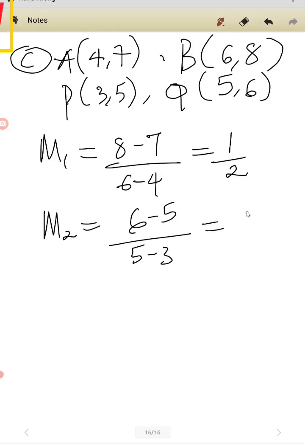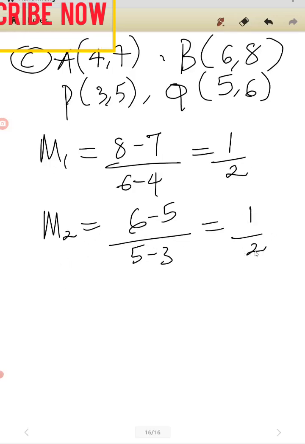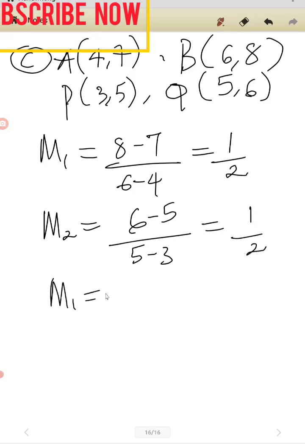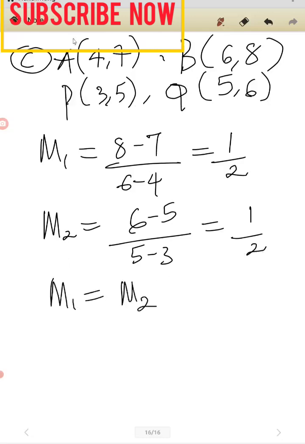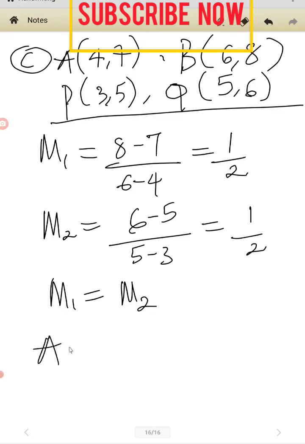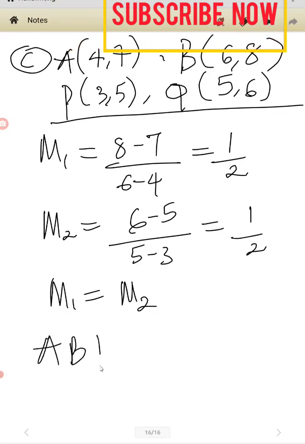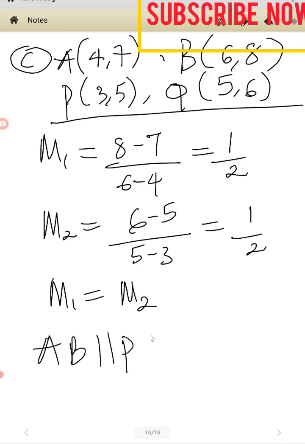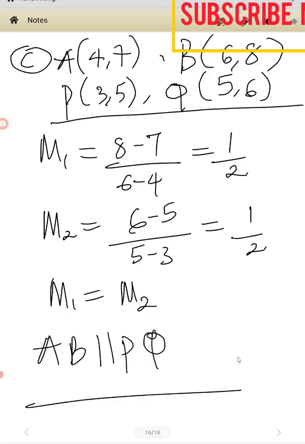This will now be 1 over 2. By the time you discover that M1 is half and M2 is also half, meaning that M1 is equal to M2, it means that the line AB is parallel to line PQ. That is how we consider them.